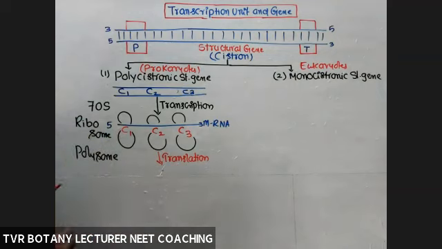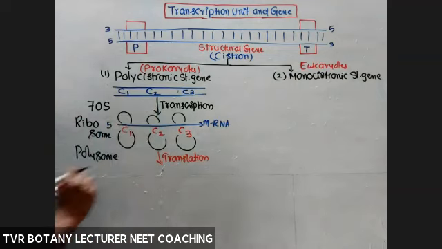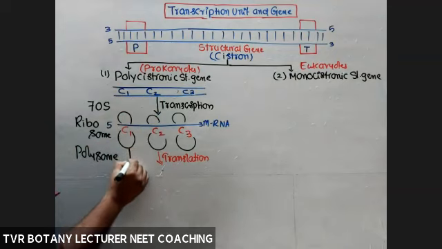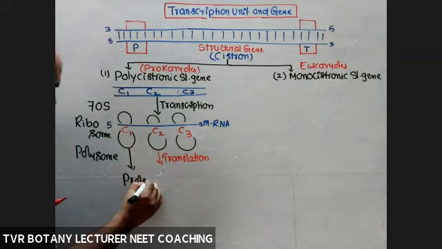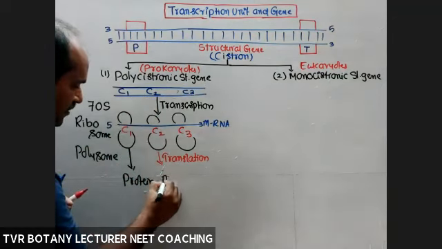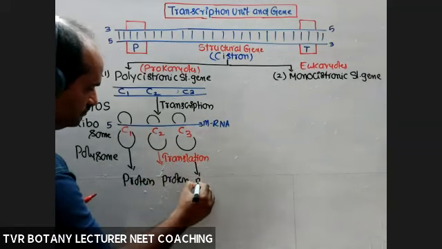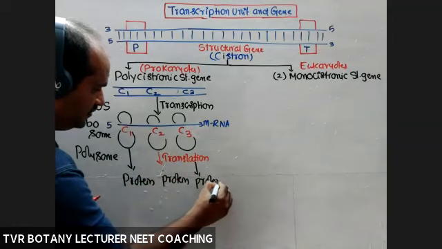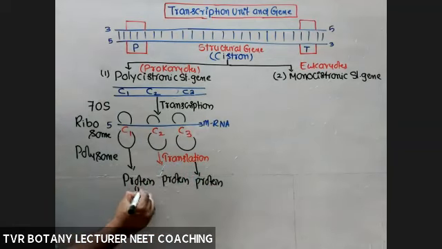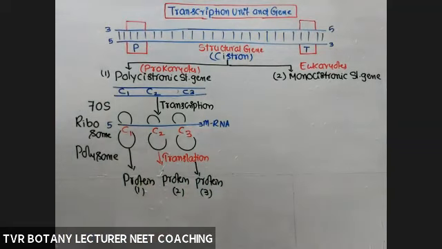What is a cistron? A segment of DNA that codes for a protein. After translation, from this one we get protein 1, whatever the type of protein, from this one protein 2, and from this one protein 3. So 3 proteins.